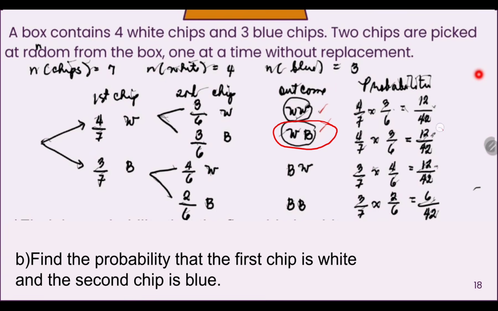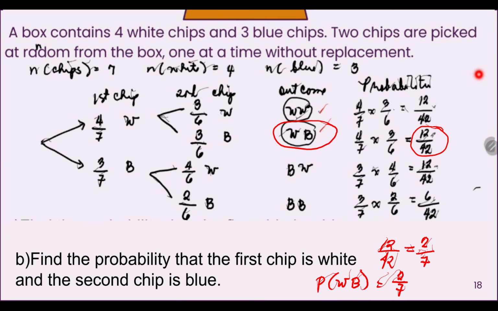So the probability is ready, and it is given here to be 12 out of 42, which we can still reduce by dividing both the numerator and denominator by 6. 12 divided by 6, you get 2, and 42 divided by 6 is 7. Thus, we can say that the probability that the first chip is white and that the second chip is blue is 2 out of 7.